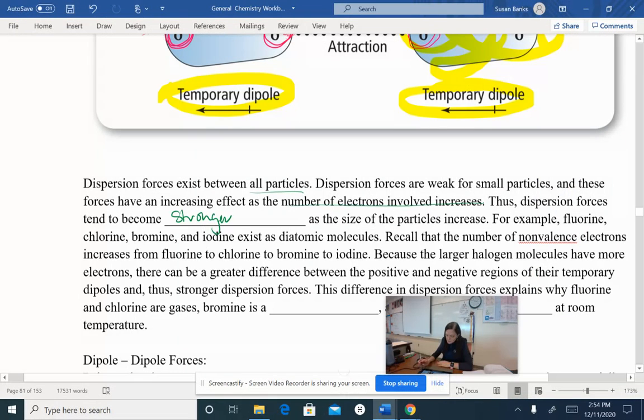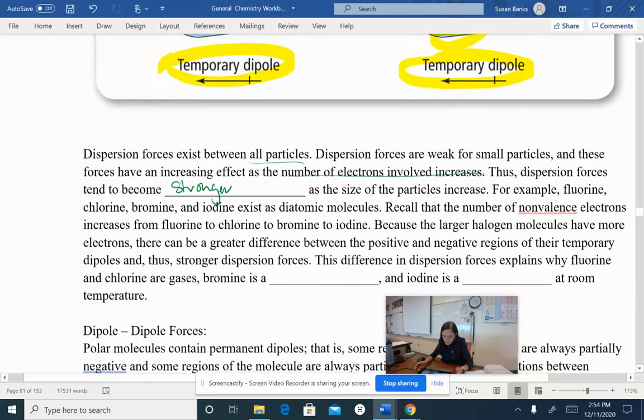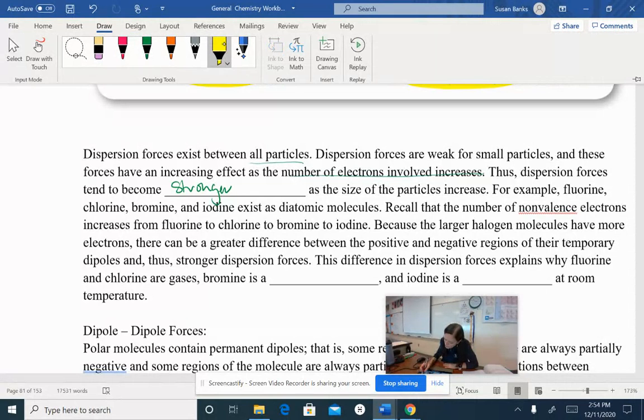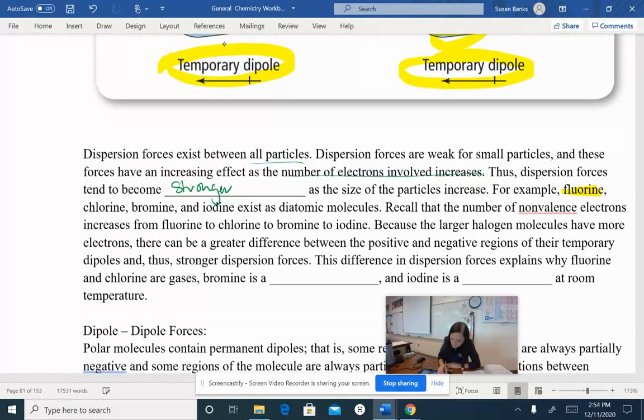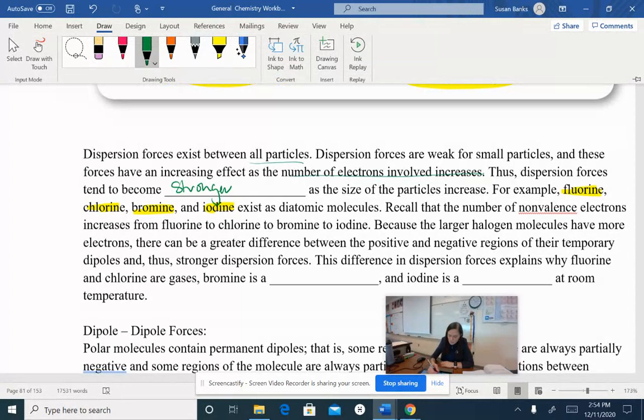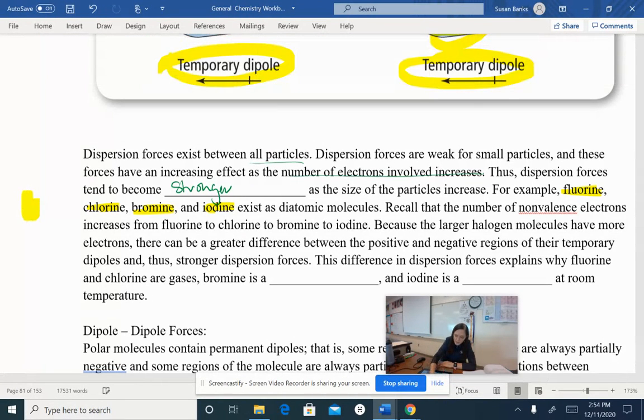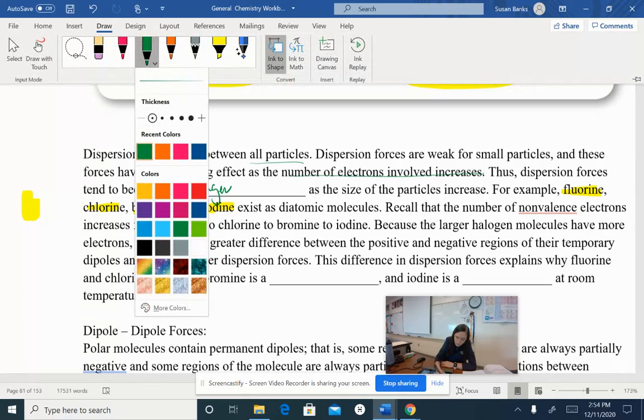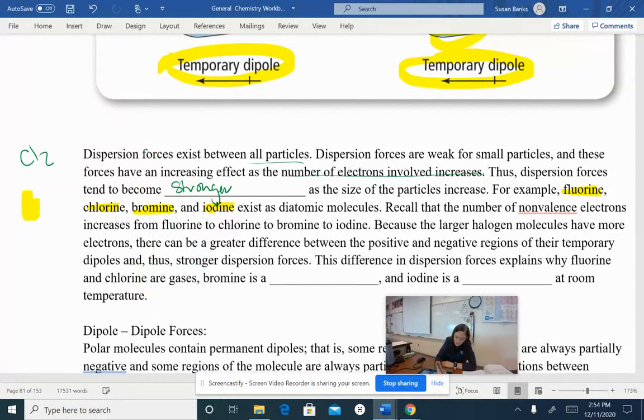Going down the periodic table, fluorine is our lightest one, then chlorine, bromine's a little bit bigger, iodine is the biggest, and then astatine at the bottom. They all exist as diatomic molecules. That just means they come in groups of two. For example, chlorine as Cl2 or fluorine as F2.